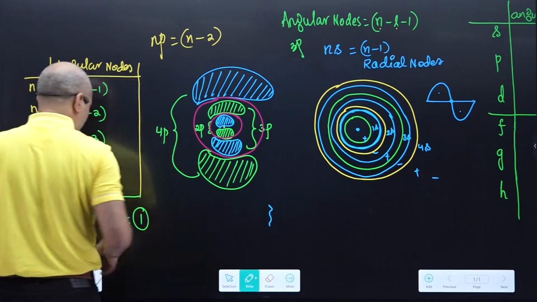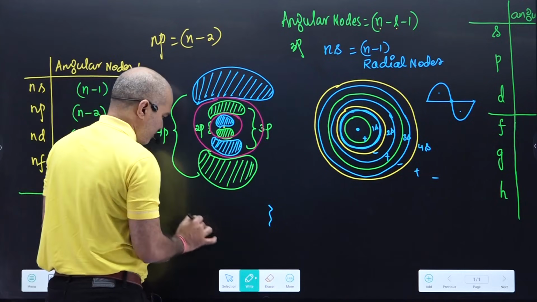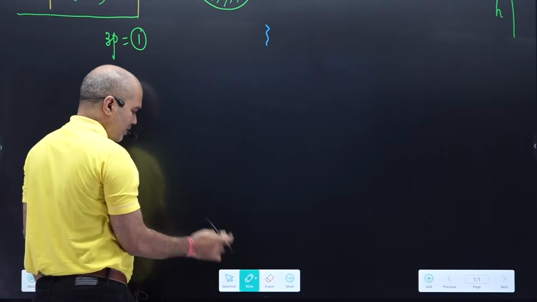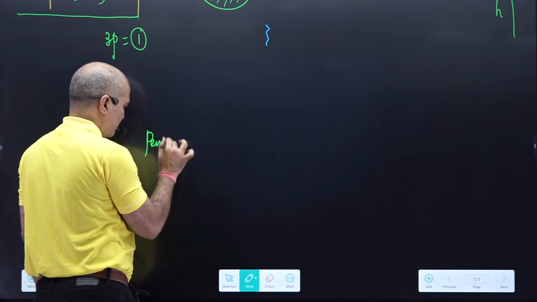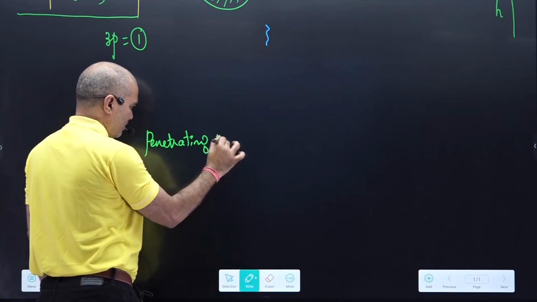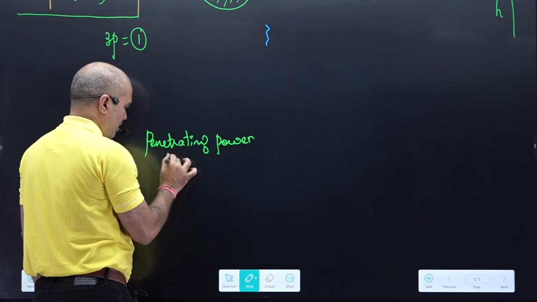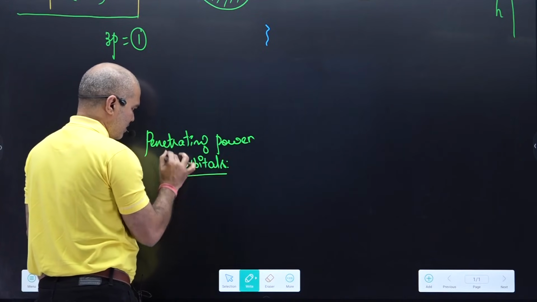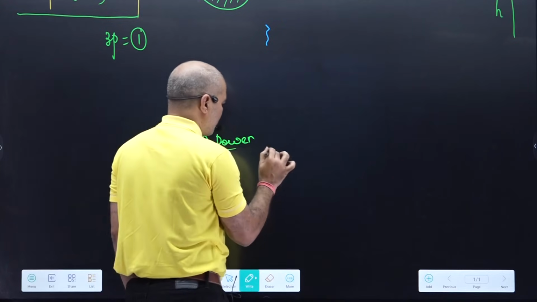In general we give the penetrating power sequence. You just note down the sequence of penetrating power. This will come in your periodic table. Penetrating power of orbitals. Organic chemistry also this will be useful.